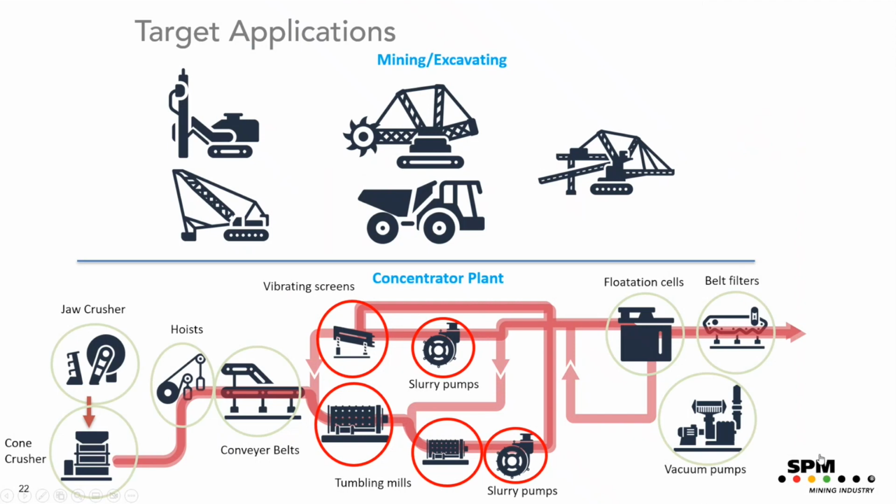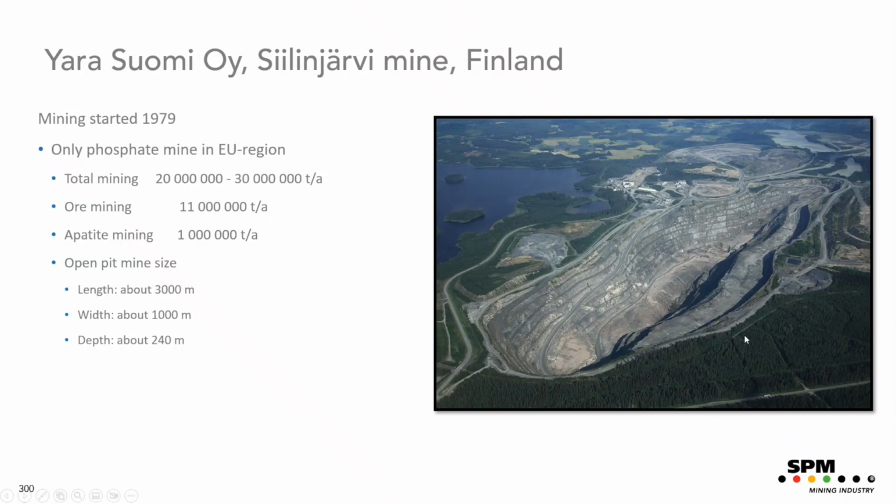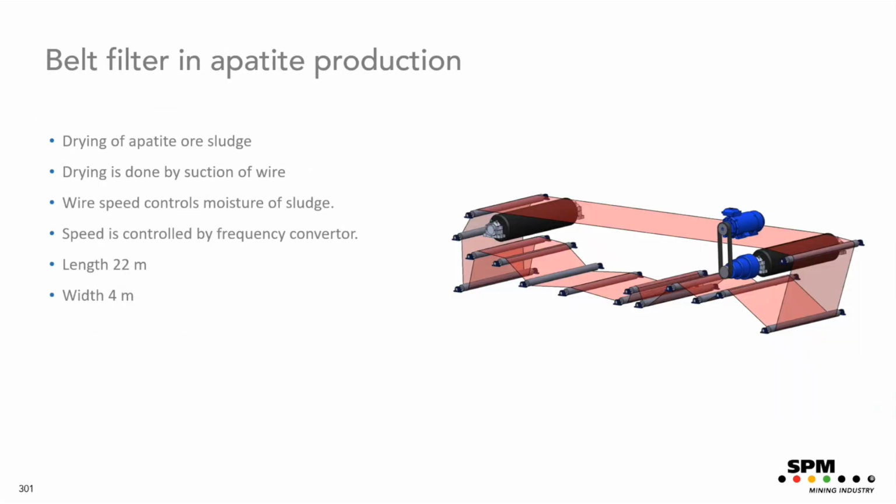Okay, the next one we will look at is belt filters. The example is from a Finnish mine, from Yara in Siilinjärvi in Finland. It's an open pit mine. And here they are monitoring belt filters.